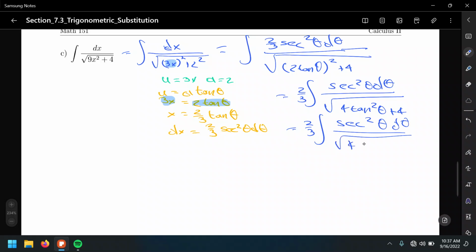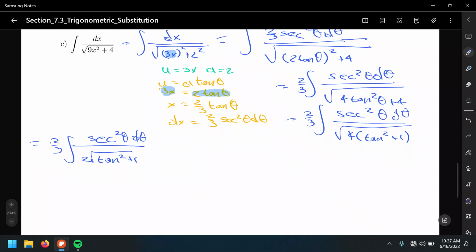And that's the square root of 4 times tangent squared plus 1. And the square root of 4, that's equal to 2. So that's a 2 radical tangent squared plus 1 and secant squared theta d theta. Alright, well, we can cancel these 2's right here, and we need to use trigonometric identities here to simplify the radical.